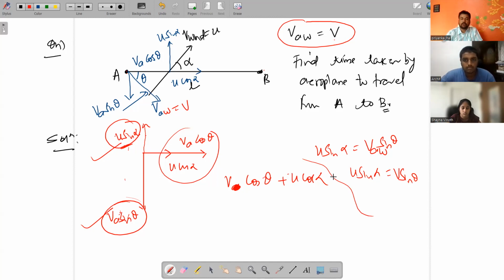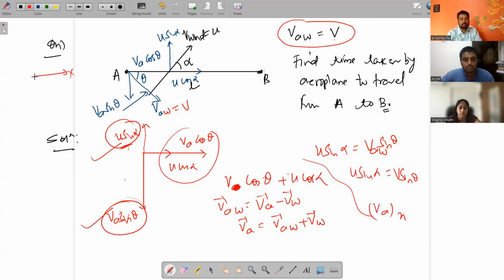So this is your net velocity along X, and the velocity of the aeroplane with respect to wind is the velocity of the aeroplane minus the velocity of wind. So the velocity of the aeroplane with respect to ground will be the velocity of the aeroplane with respect to wind plus the velocity of wind. If you assume this as x and this as y, the x component will be this plus this.